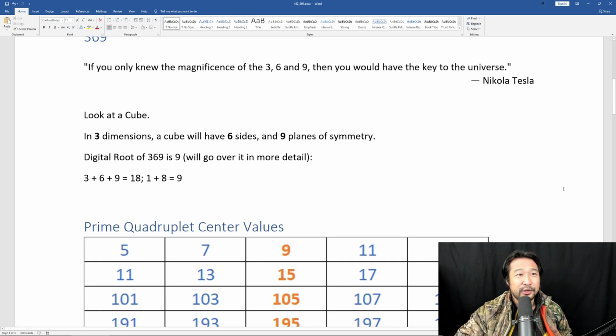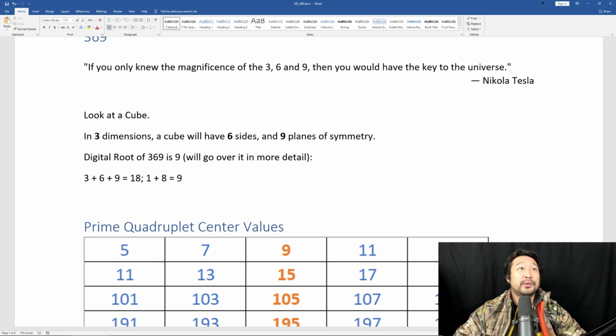Okay, look at a cube, and this is from my previous video. When I look at a cube, I'm thinking, how can I apply 3, 6, 9 to it? Well, in 3 dimensions, a rectangle is a cube, and a cube will have 6 sides and 9 planes of symmetry.